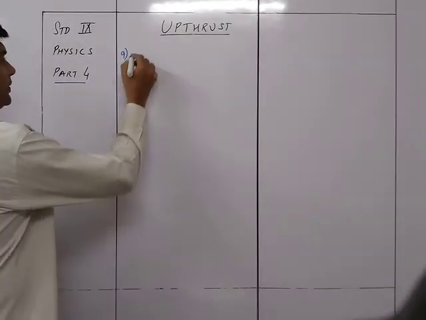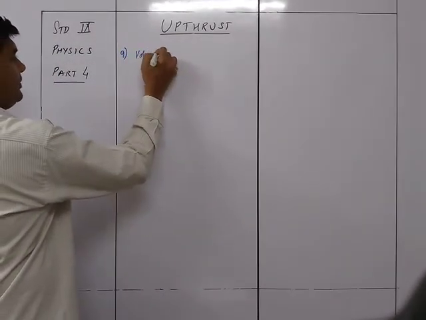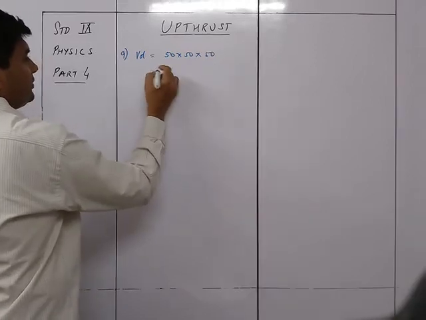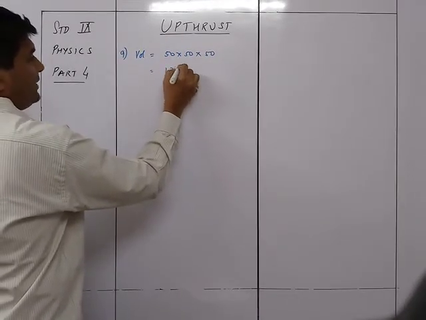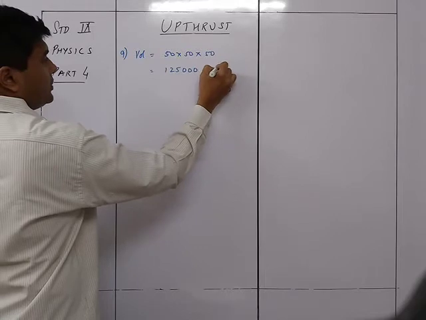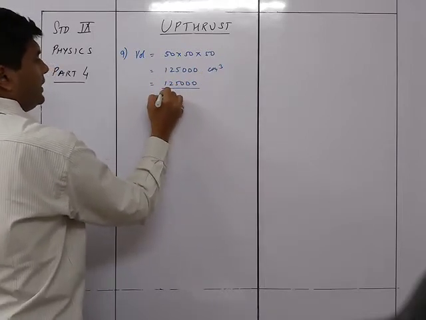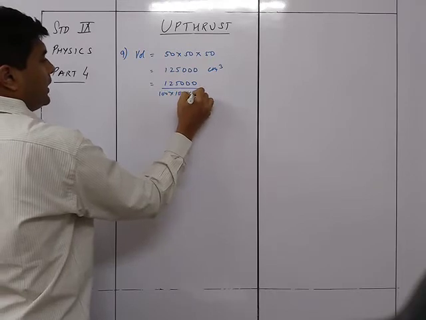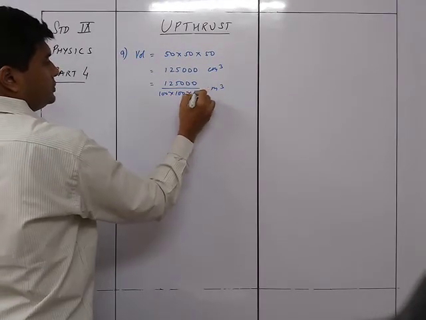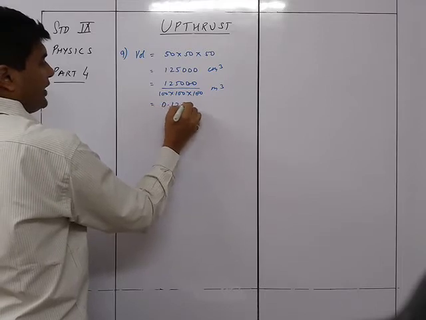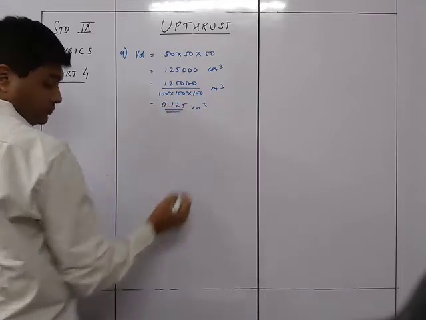So volume is equal to 50 into 50 into 50, which is 125000 centimeter cube, which is 125000 upon 100 into 100 into 100 meter cube. So this gives 0.125 meter cube.